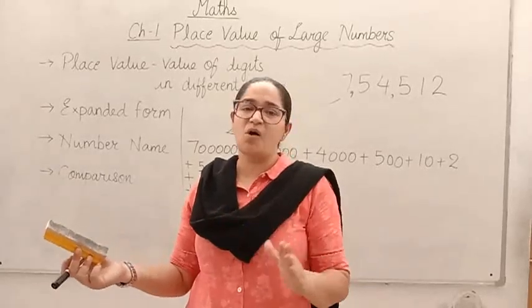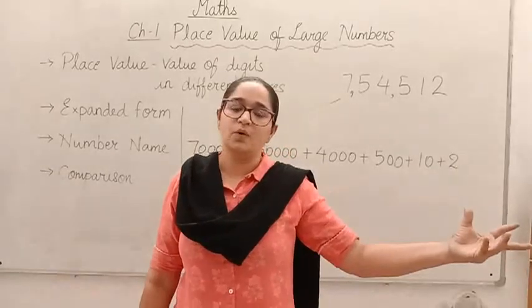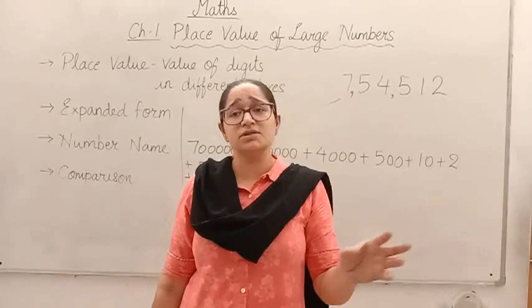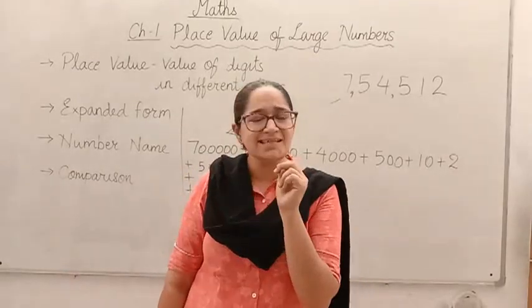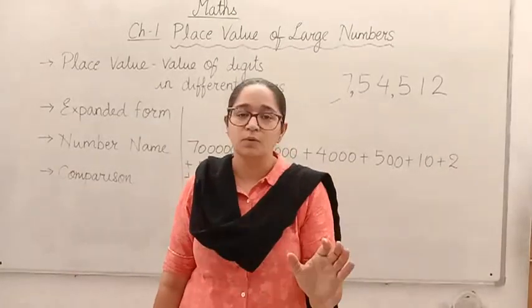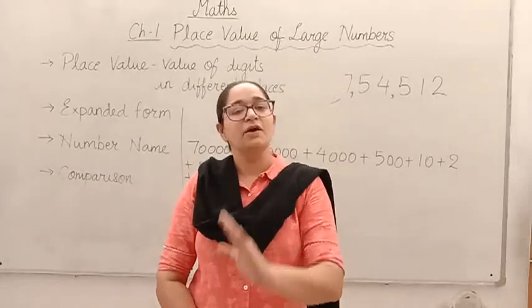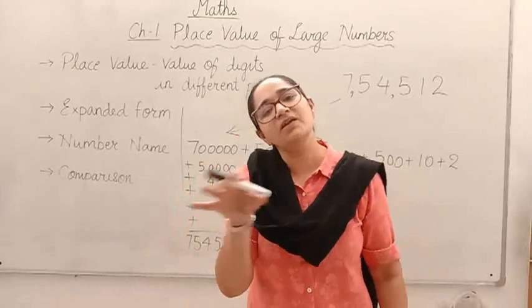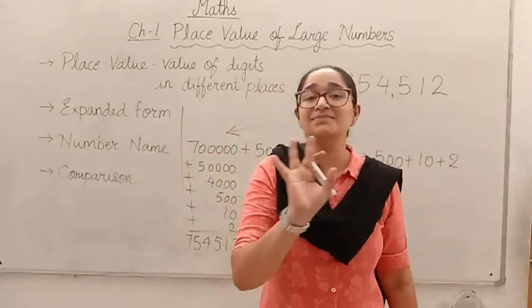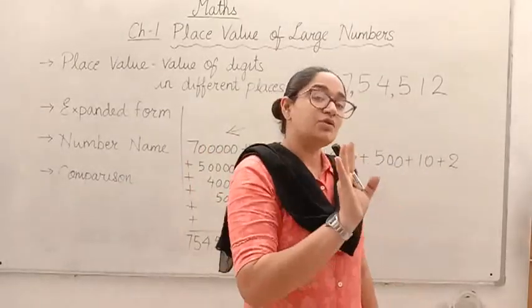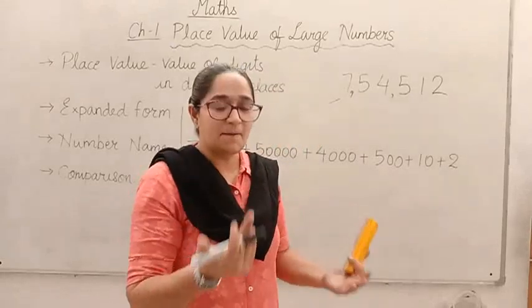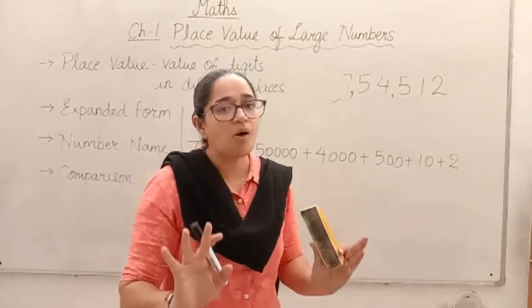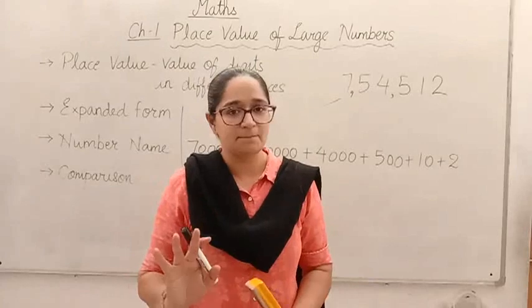Which one is the smallest? 0. Okay. But if I write 0 five times, does it make any sense? No. So what we do there is we write a 1 for the first digit and then we write zeros. So it becomes 10,000. Okay. So 10,000 will be a number and it will be the smallest 5-digit number.